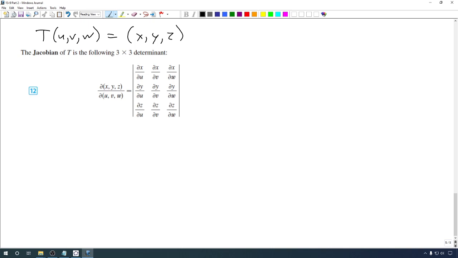Now, if you don't know how determinants work, don't worry too much. I'm not going to ask you to do anything with triple integrals other than with the cylindrical and spherical that we've already done before. In fact, I think the book only has one problem that even involves triple integrals in this section.